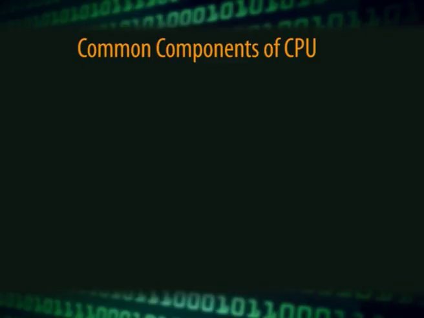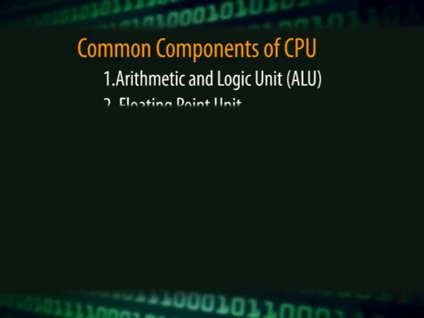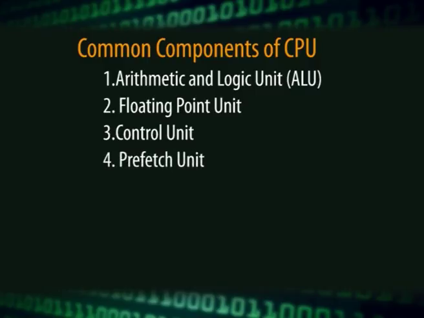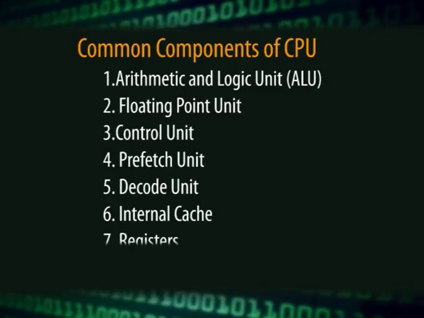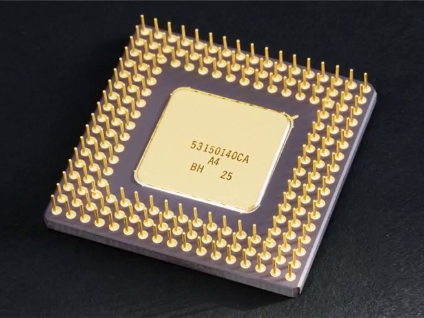There are 8 common components in every CPU: arithmetic and logical unit, floating point unit, control unit, prefetch unit, decode unit, internal cache, registers and bus interface unit. These components and their logical interconnections help us to better understand the working of CPU.